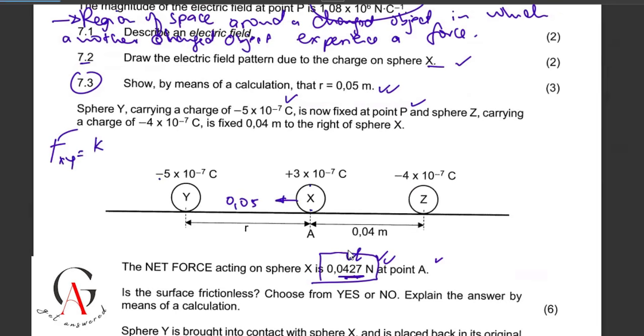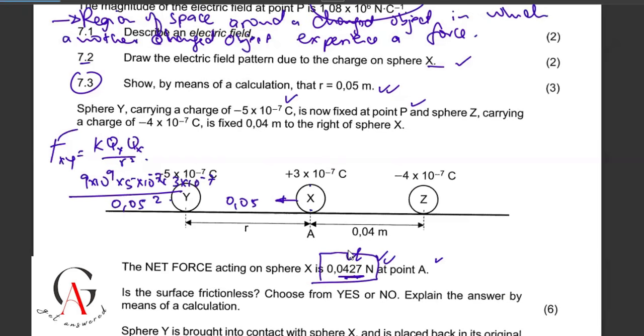So it's going to be k Qy Qx divided by r squared. So 9 times 10 to the 9 multiplied by 5 times 10 to the negative 7, 3 times 10 to the negative 7, divided by 0.05 squared.